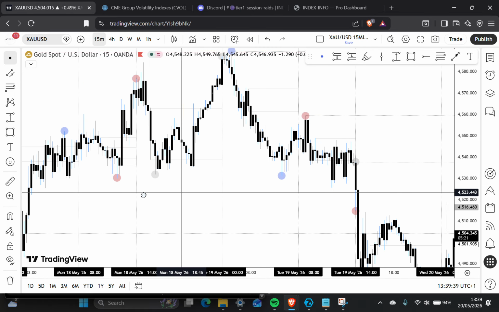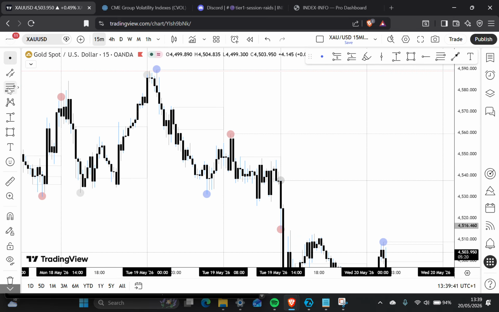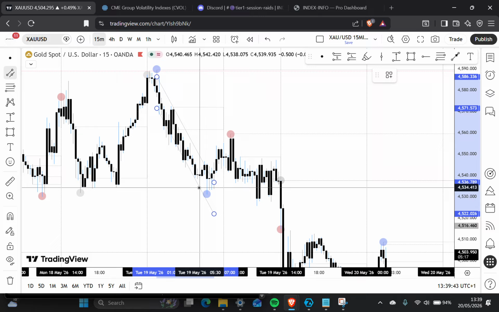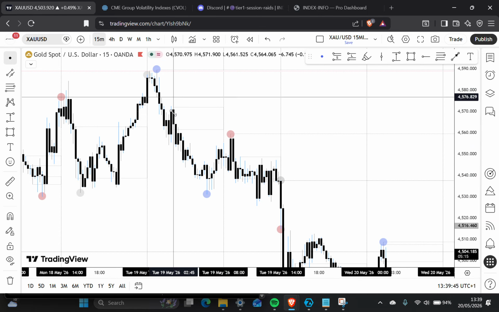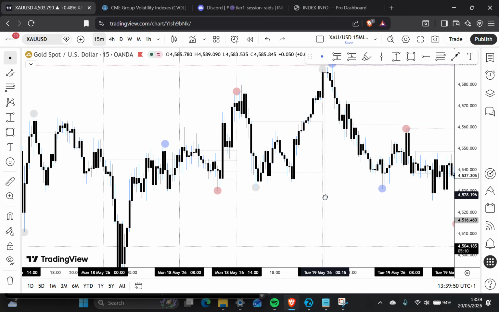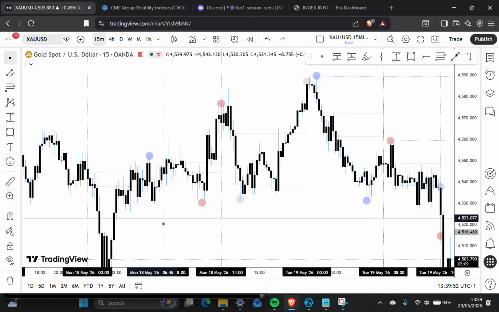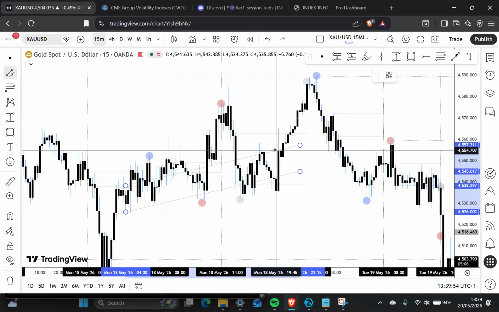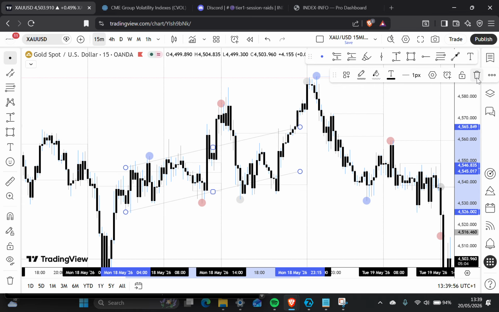Look at this, Asia. Gold loves this, especially on the 15-minute time frame. You're going to see this time and time again. Look at this.